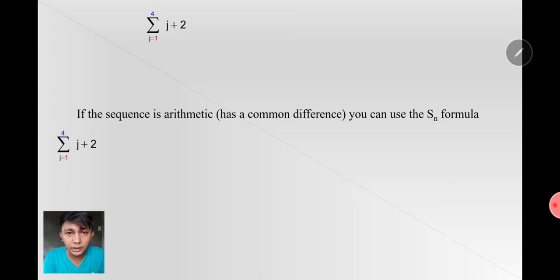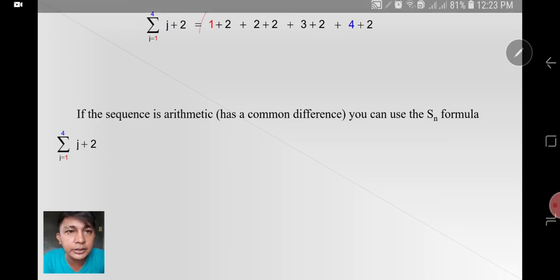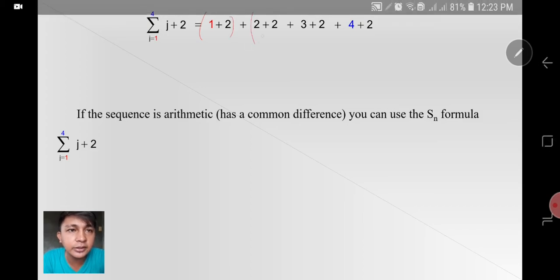The sum of j plus 2, where j is equal to 1 up to 4. So si j, ang value niya will be 1 up to 4. So, ang sum ni 1 plus 2, 2 plus 2, 3 plus 2, at saka si 4 plus 2. Yun ang ibig sabihin niya. Okay, so, para mas maintindihan nyo, lagyan natin ng parentheses.